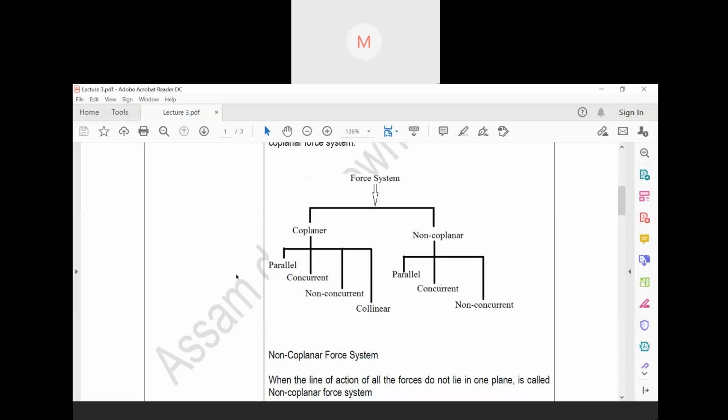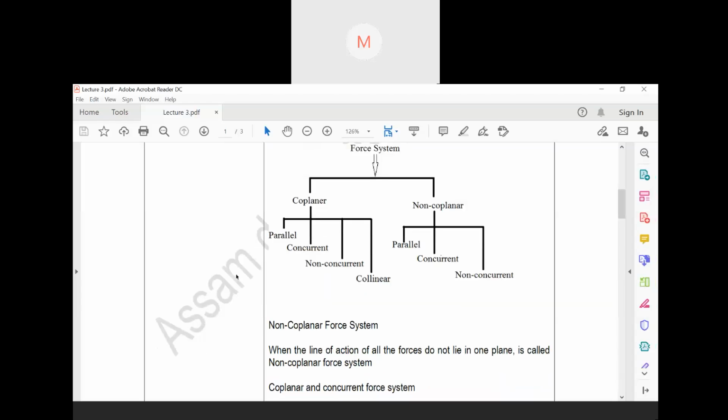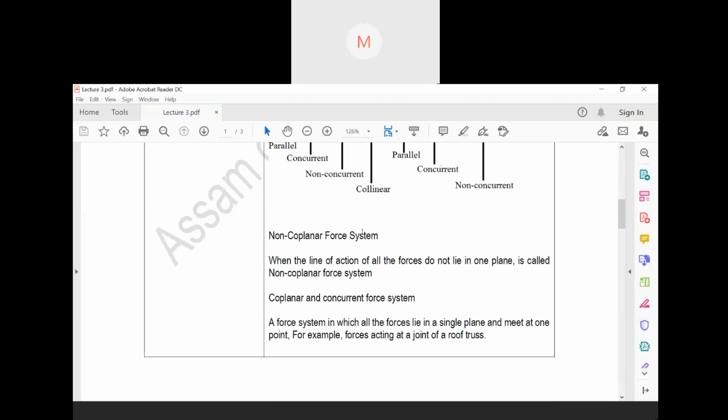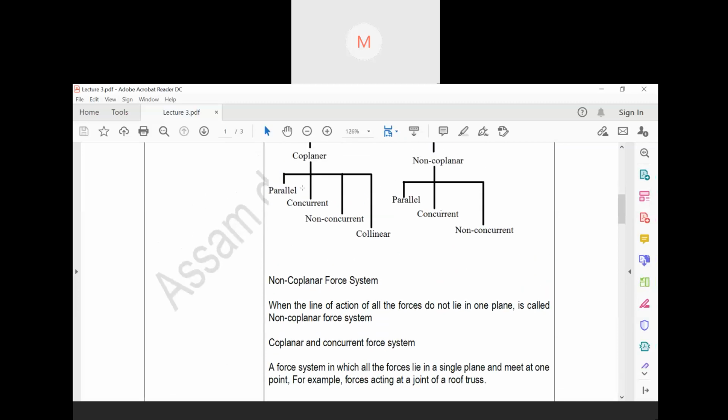Okay, let us continue. So now look, after coplanar and non-coplanar, under coplanar there are parallel, concurrent, non-concurrent and collinear.